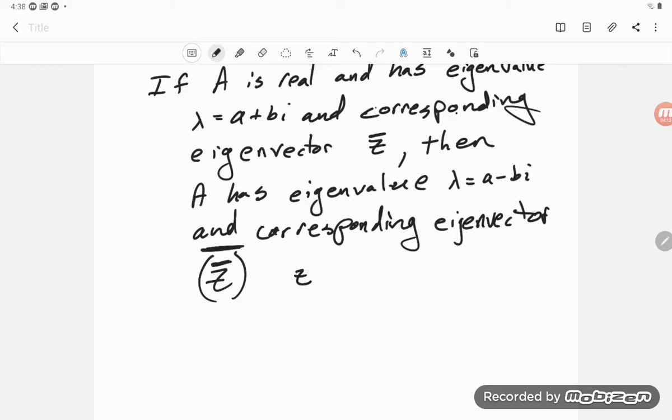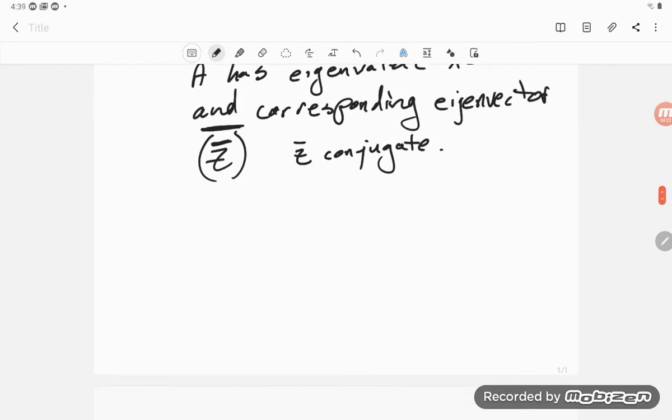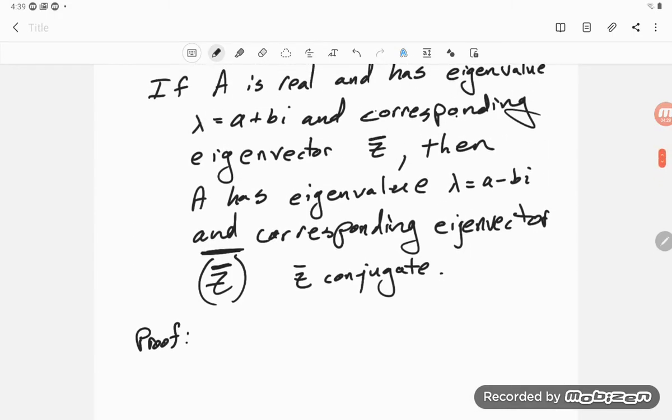That's z conjugate. Okay, the key here is that A is real.